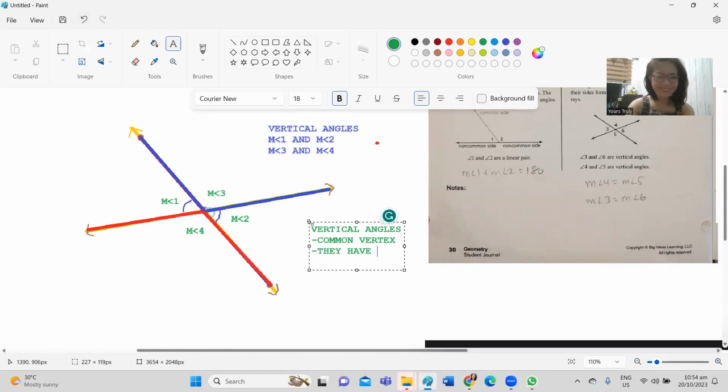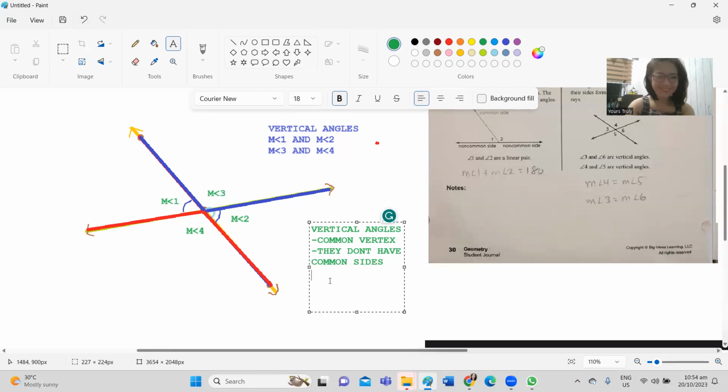They have different sides. Even if you look at angle 1 and angle 2, they have different sides. They don't have common sides. That's it.